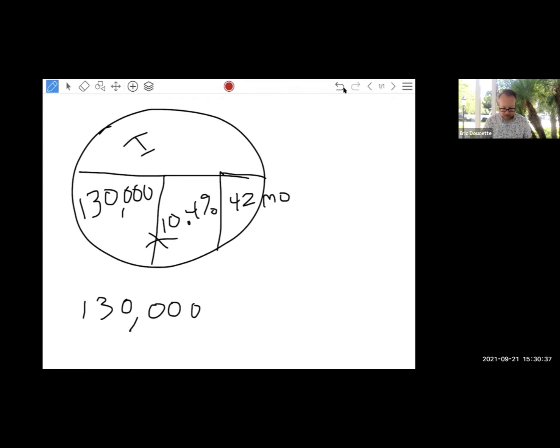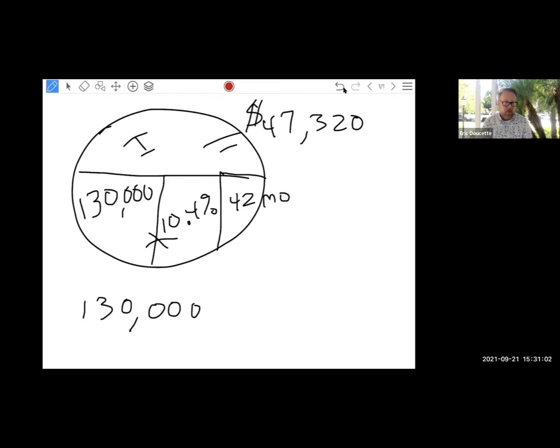130,000 times 0.104 times 42 divided by 12 equals $47,320 of interest, whether that's interest you pay or interest that you get added if it's an investment. It's the same, $47,320.